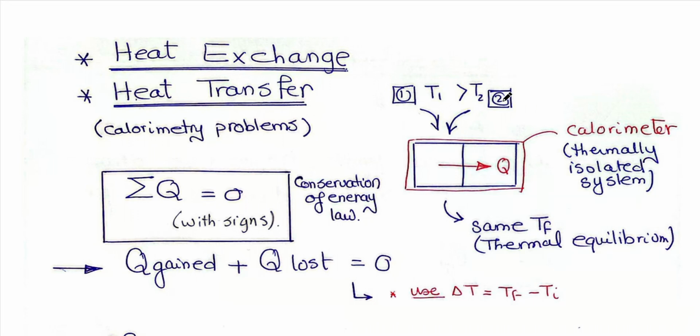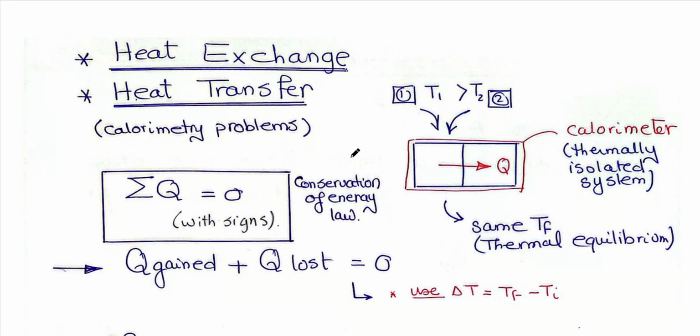These two bodies were put in contact within a calorimeter. A calorimeter is a thermally isolated system which prevents changing the temperature with the surroundings. The heat energy will flow from the hot body to the cold body until thermal equilibrium is reached and they have the same final temperature.